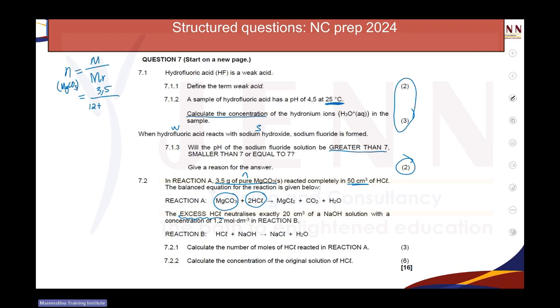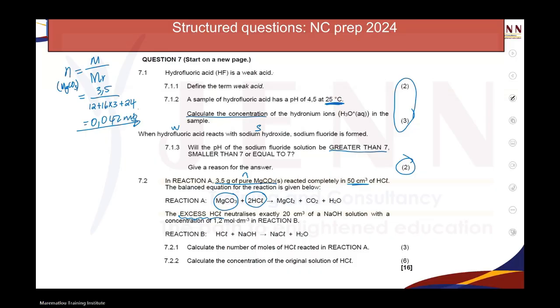Somebody just tell me what's the molar mass of Mg? Yes, 24. Thank you. What would be the sum there? What's the answer?